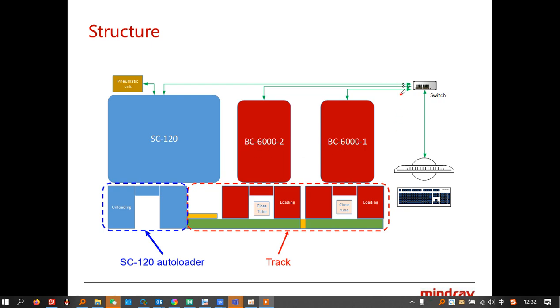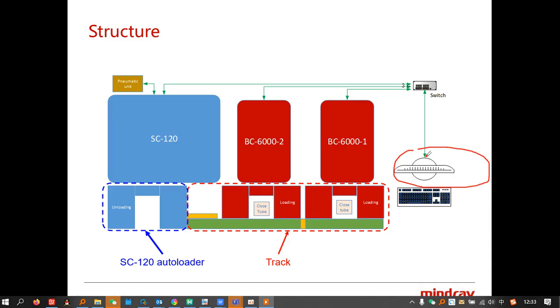And the structure of the KEL 6000 version 1 is that the PC will connect the analyzers and the SC main unit with network cable. Pay attention, the autoloader and the dual buffer check unit don't have a network interface.